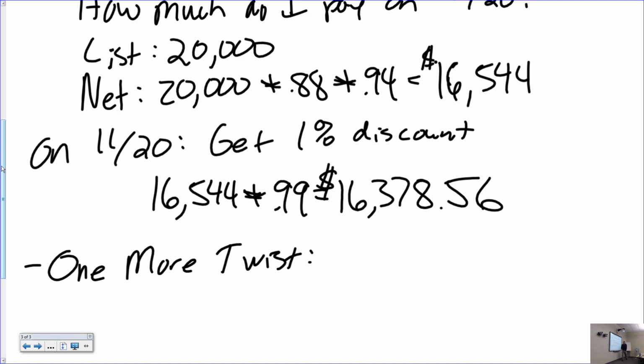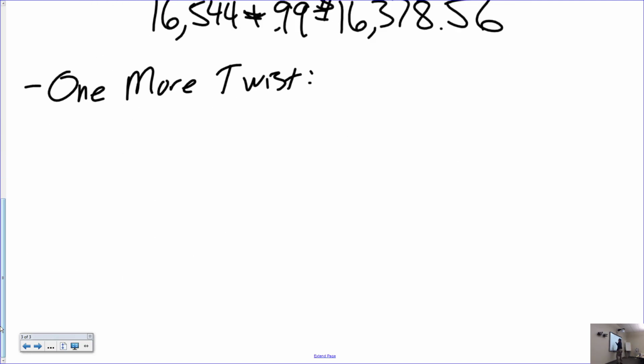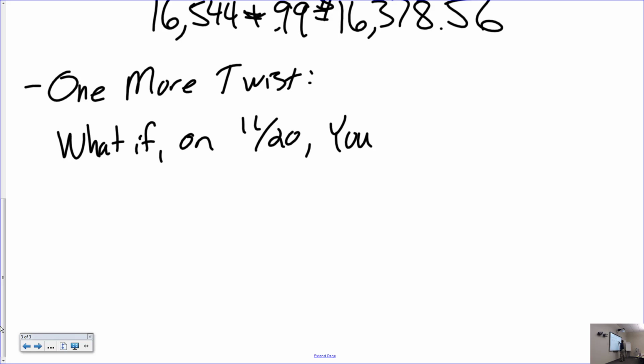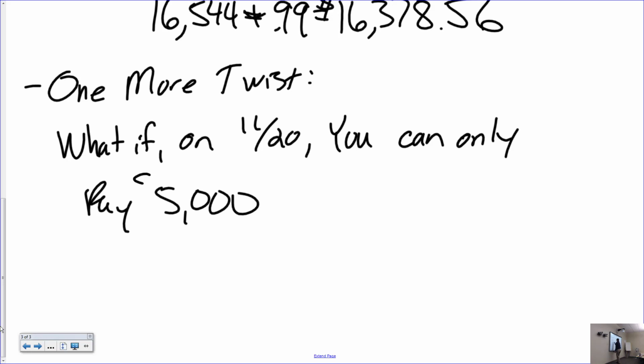All right? So, what happens? What if on 11/20 you can only pay $5,000? Don't you lose the 1% discount? Technically, no. The 1% discount lasts until December 7th, and it will always last until December 7th.